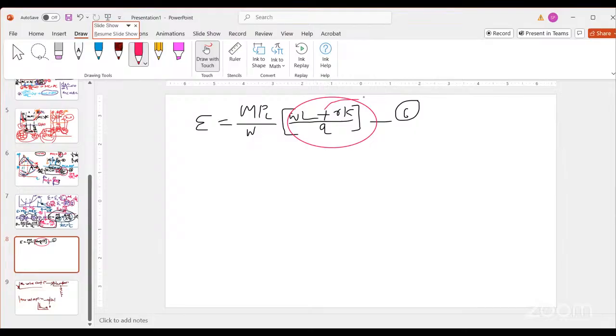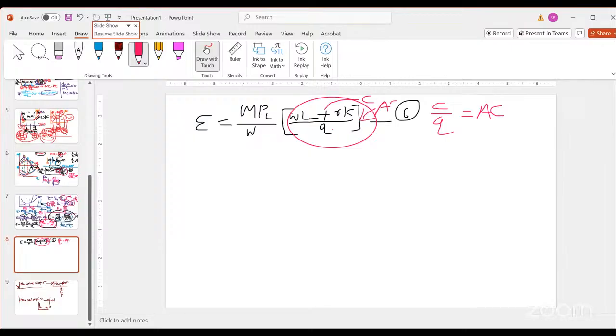The numerator WL plus RK is the total cost. Here C divided by Q, we already know, is the average cost. So this part is the average cost.